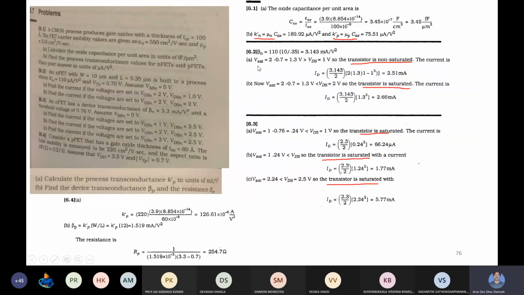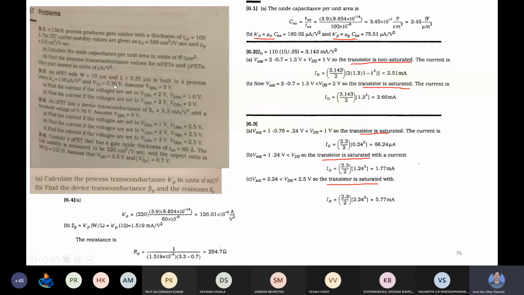In this case, other parameters are given and VDSAT can be decided by VGS minus VT. According to problem 6.2 we are solving this one: find the current if the voltages are given, VGS equal to 2 volt and VDS is 1 volt. So gate to source voltage is 2 volt and its threshold voltage is also provided in the problem.